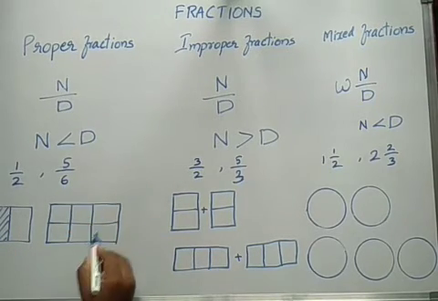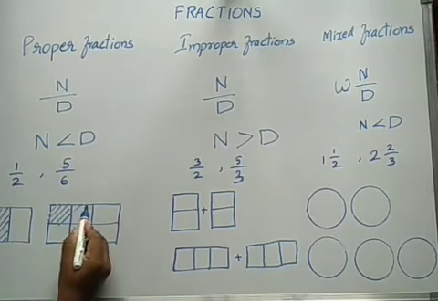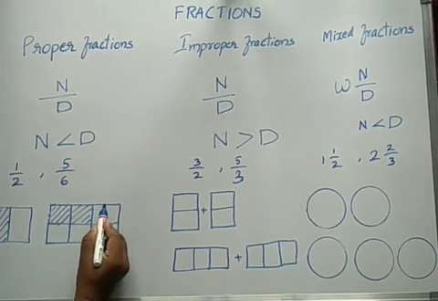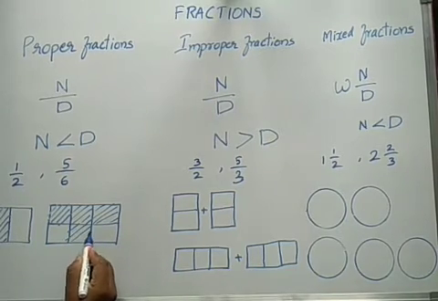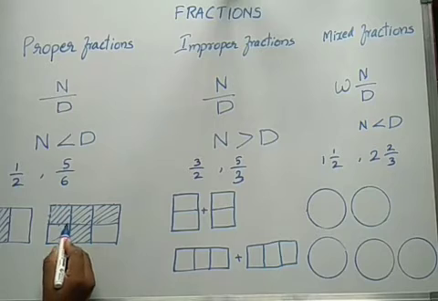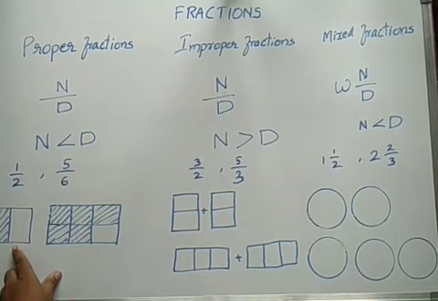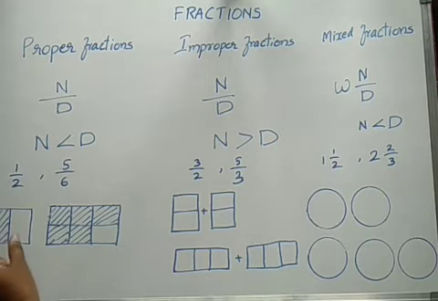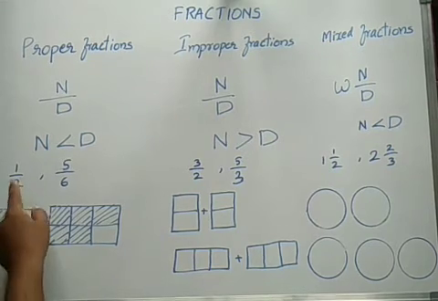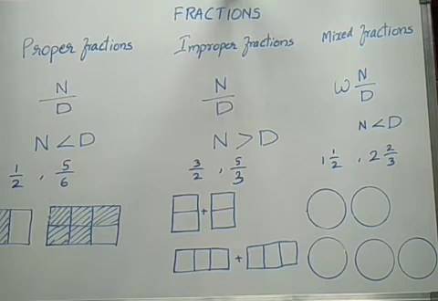Here total 6 parts, in that 5 parts are shaded. See, it's a total one figure. In that one figure only we divided into equal parts. Here the total 2 parts, in that 1 part is shaded. Here total 6 parts, in that 5 parts are the shaded one.